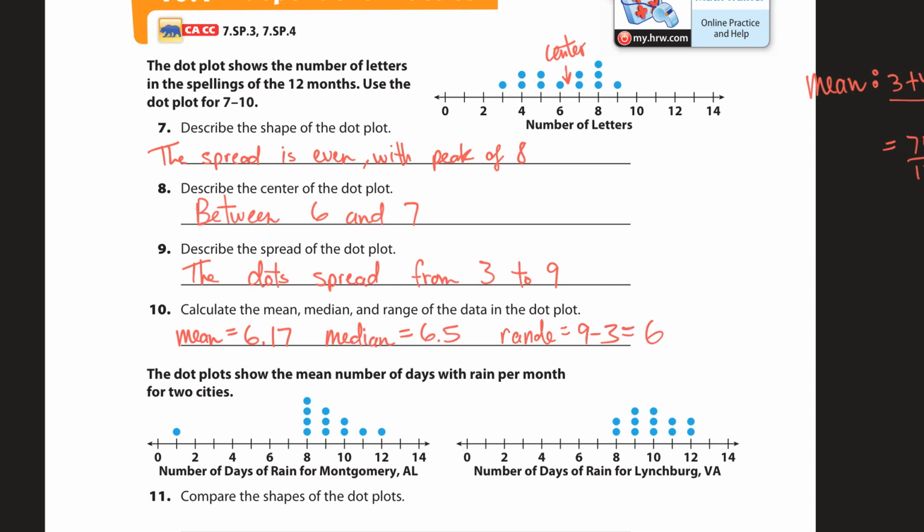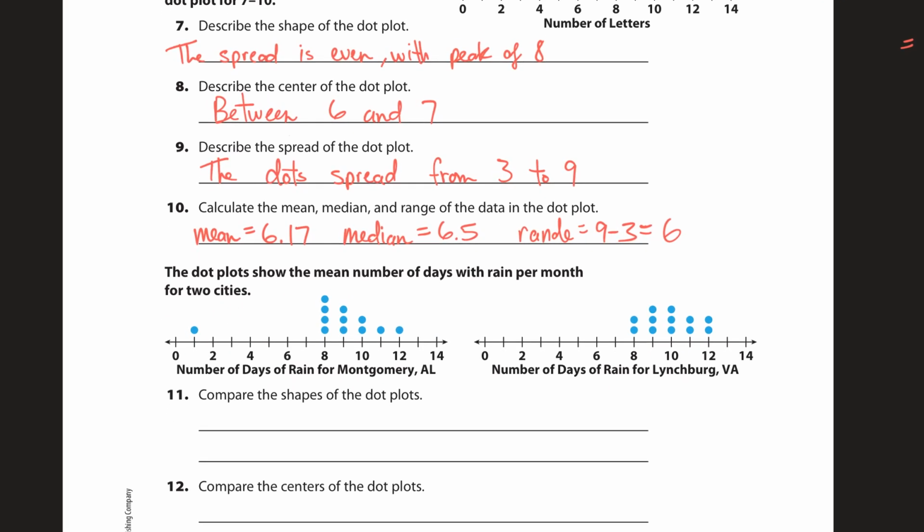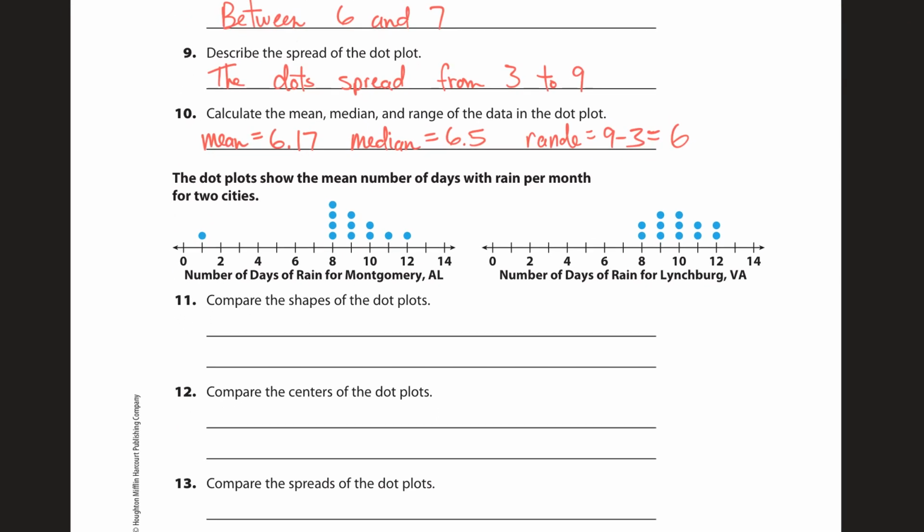Okay. Next, we have dot plots showing the mean number of days of rain per month for 2 cities. Compare the shapes of the dot plots. So compare this dot plot to this dot plot.